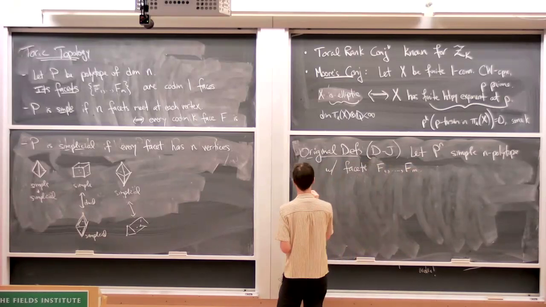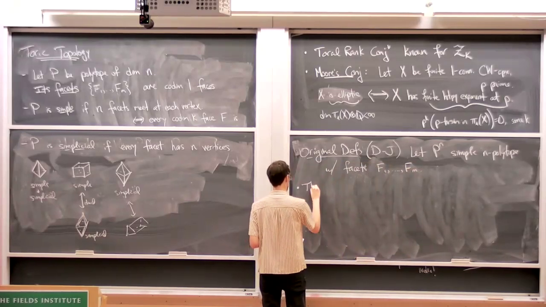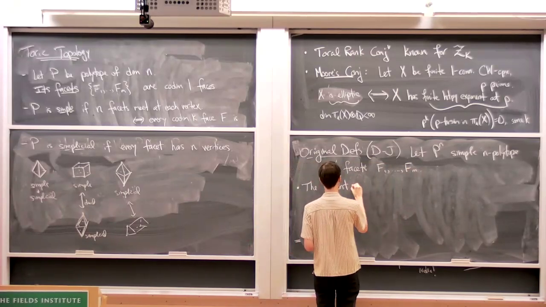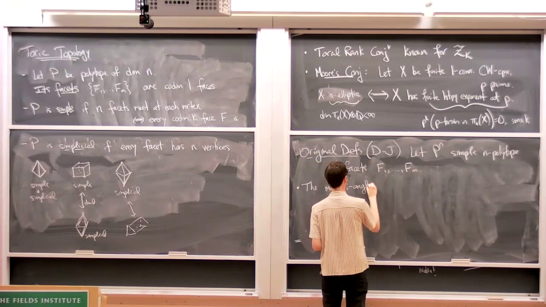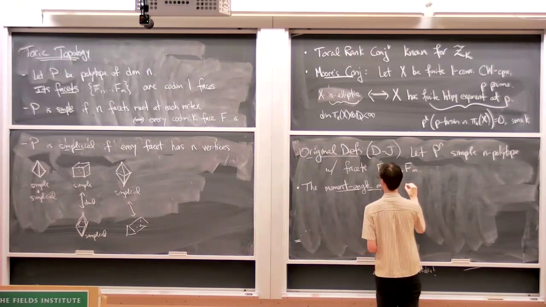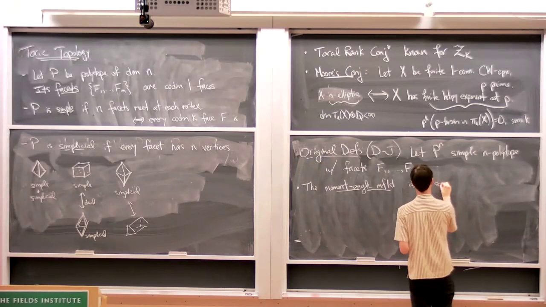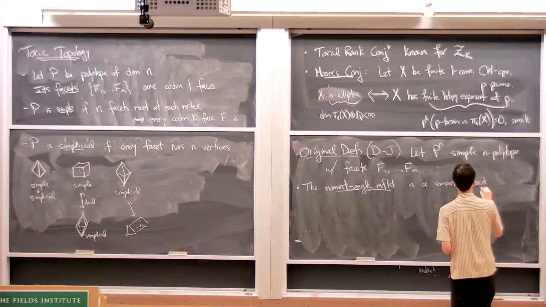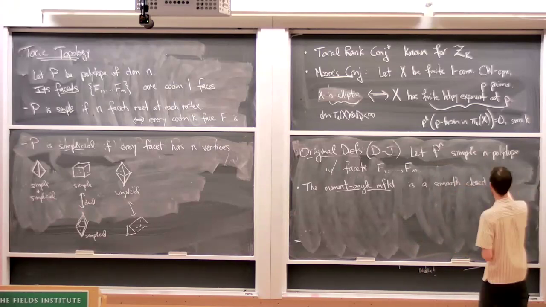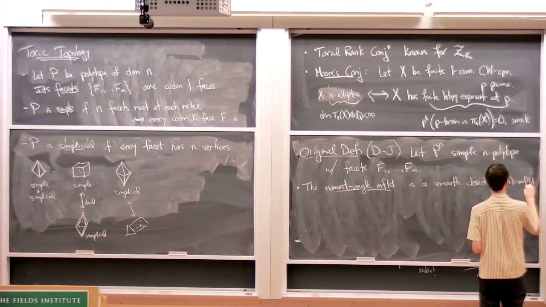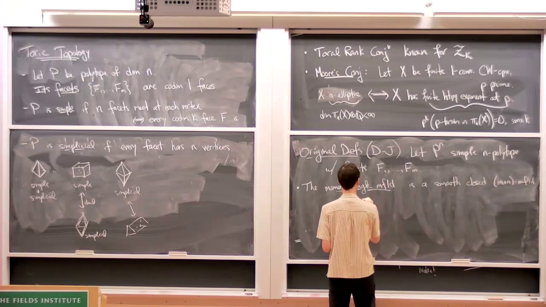Okay, then first definition, the moment angle manifold associated to P is going to be some smooth, closed (m+n)-manifold, which they essentially just define like this.